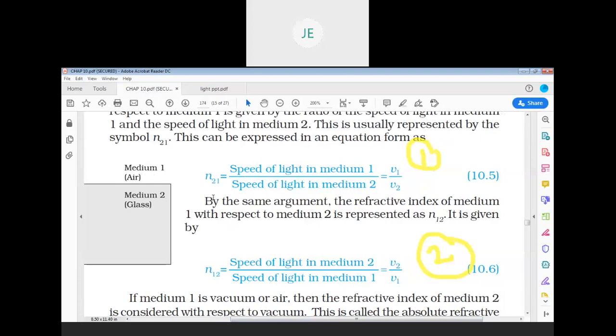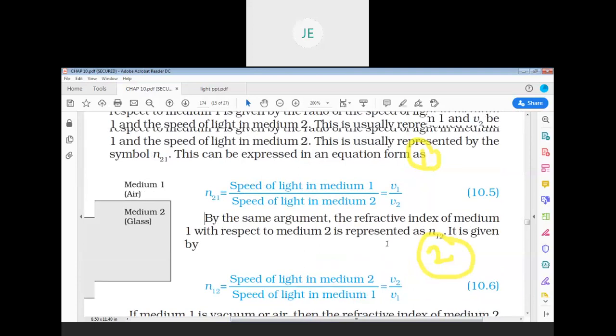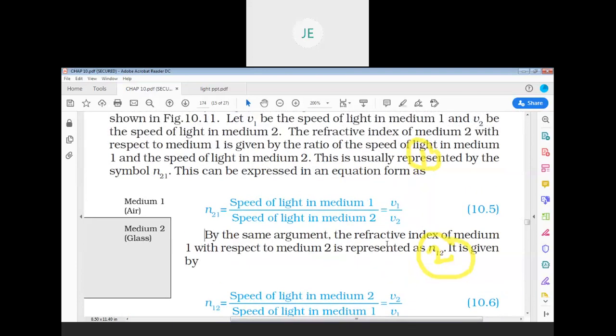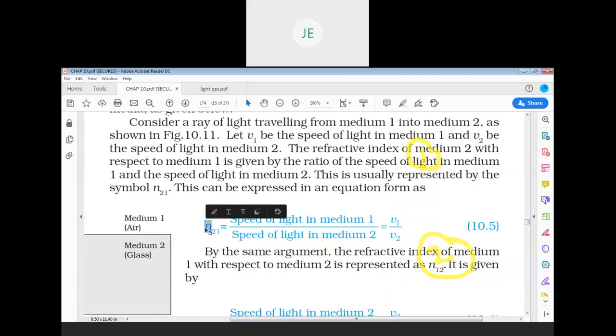Here N is the symbol for refractive index, and N21 is the refractive index of medium 2 with respect to 1. The formula is speed of light in medium 1 by speed of light in medium 2. It is the ratio of speeds of light.